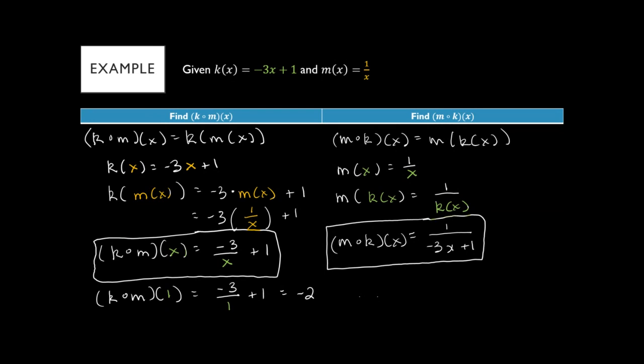And then if I wanted to find a specific value, all I have to do is plug in for x. So what I want you to notice here is that the order matters, because the order that we plugged them in gave us two very different functions. And they would give us different values as well.